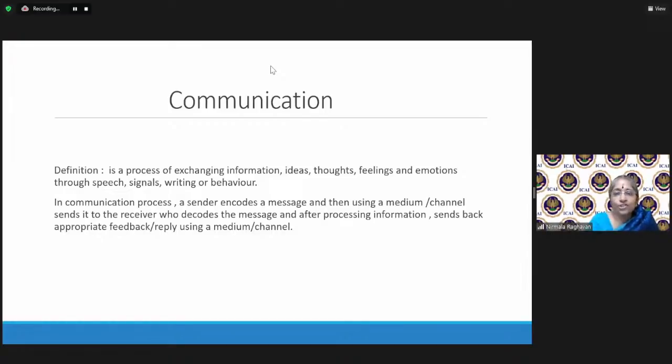It's a process of exchanging information, ideas, thoughts, feelings, and emotions through speech, signals, writing, or behavior. In a communication process, a sender encodes a message and then, using a medium or a channel, sends it to the receiver, who decodes the message and, after processing the information, sends back appropriate feedback or a reply using a medium or a channel.